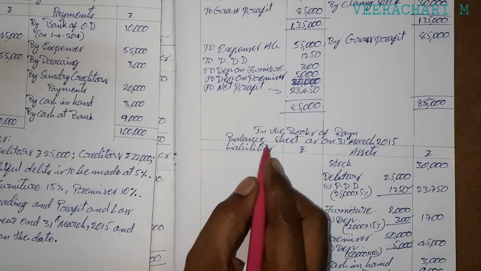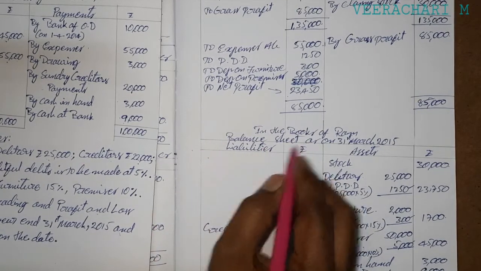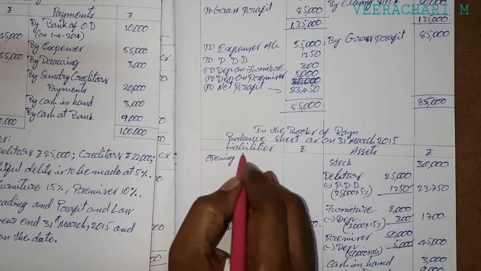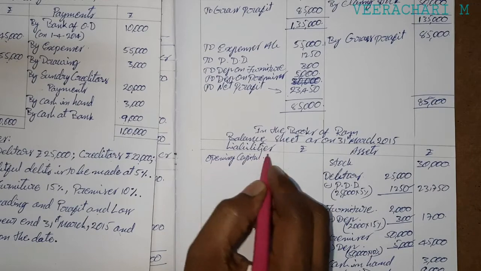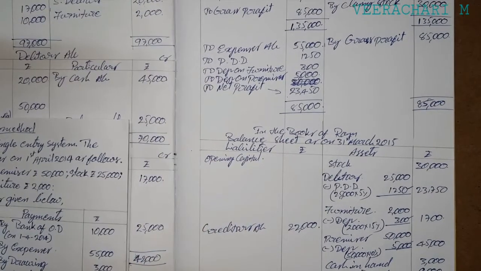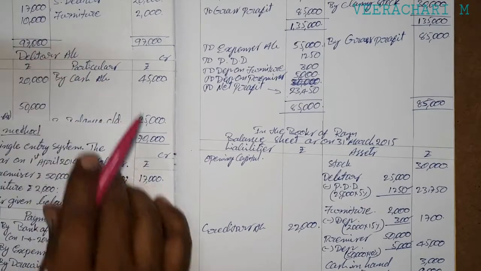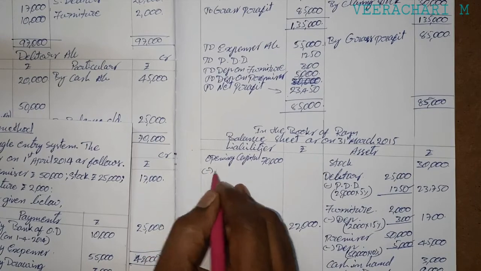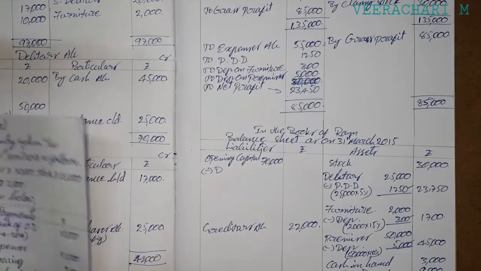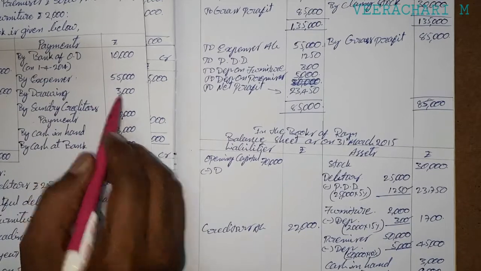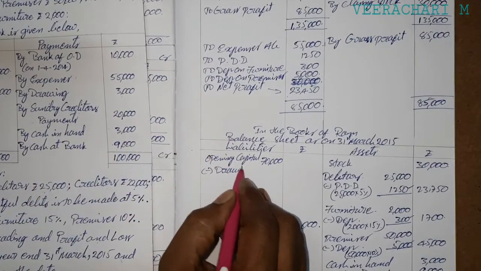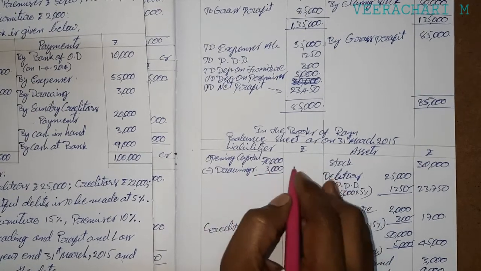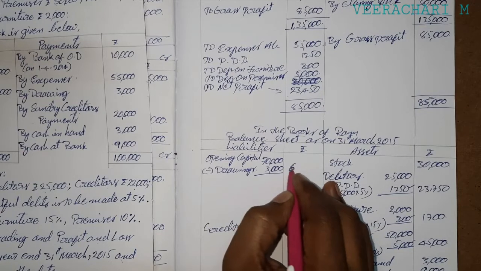Now prepare the closing balance sheet, starting with opening capital. The opening capital, we have prepared with the statement of affairs, that is 70,000. From this you can deduct drawings. There are drawings in this question, it is 3,000. If you deduct 3,000, that is 67,000.